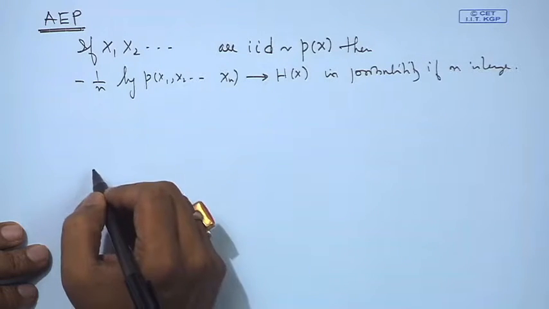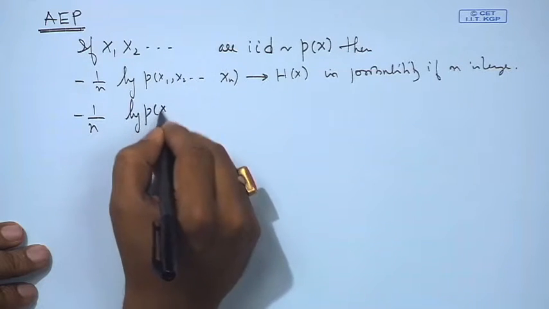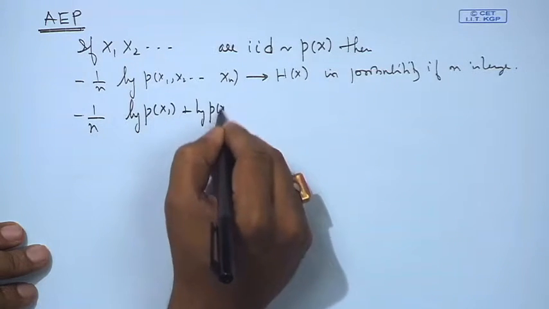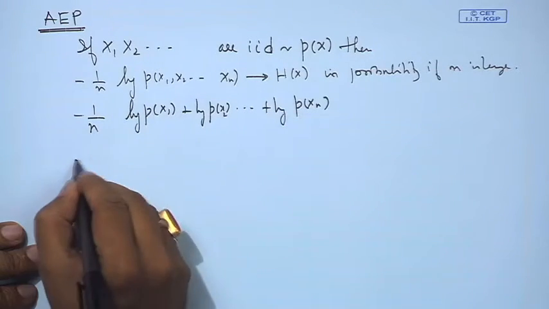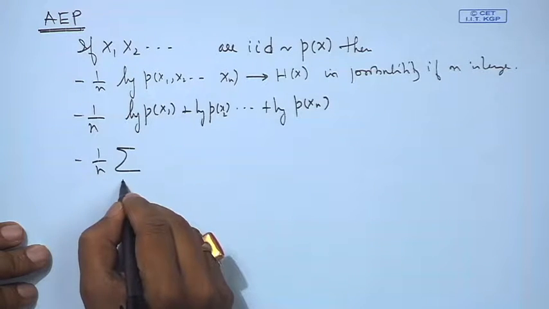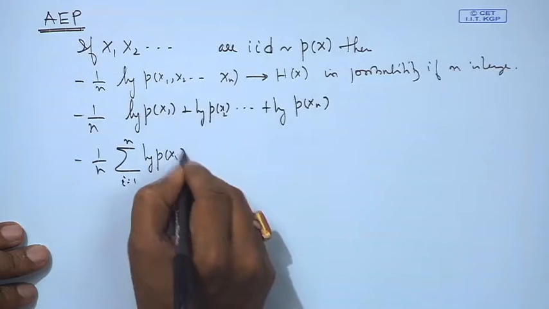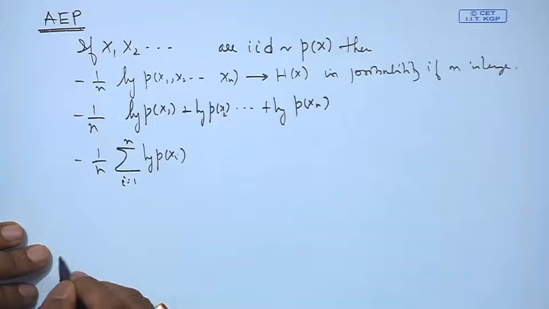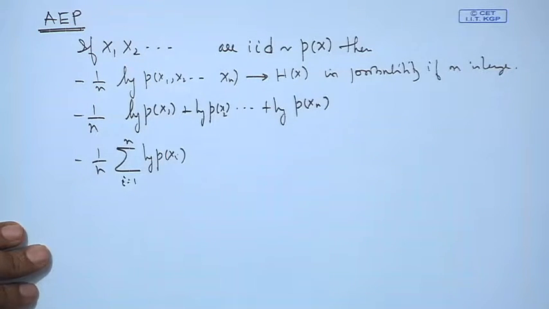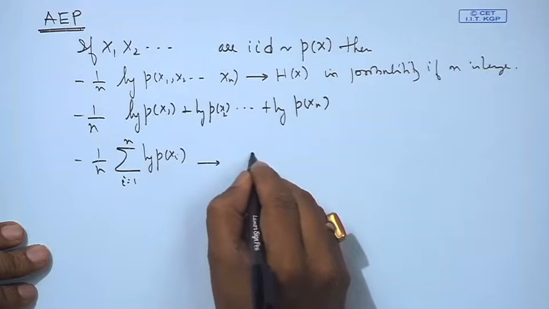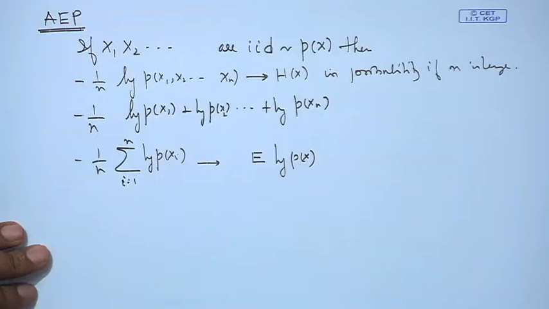This we could also write as minus 1 upon n times (log p of x1 plus log p of x2 and so on plus log p of xn), which is basically minus 1 upon n sum of i equals 1 to n log p of xi. If we take a look at this, it is almost the sample mean of this particular thing. So this we could write as almost the expectation of log p of x.